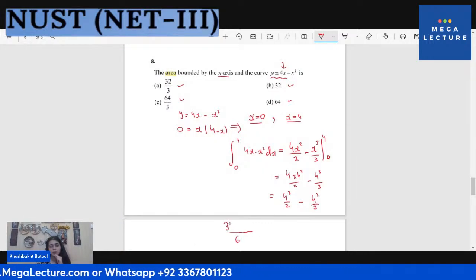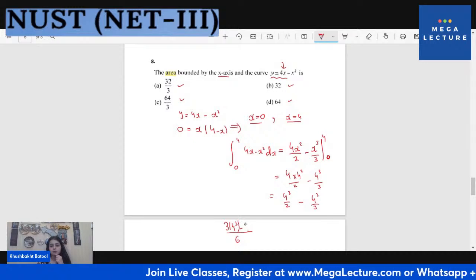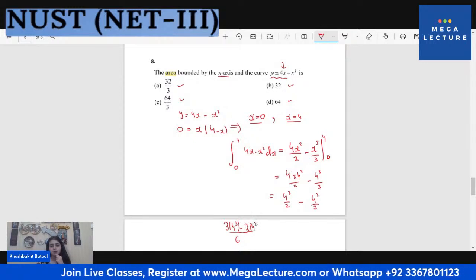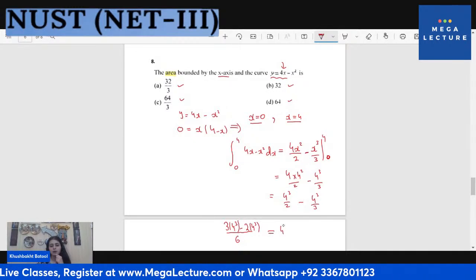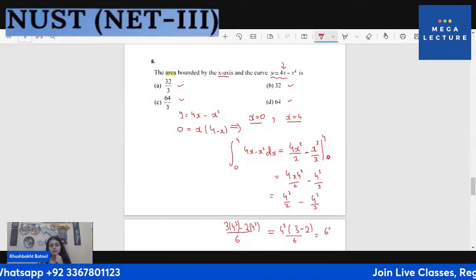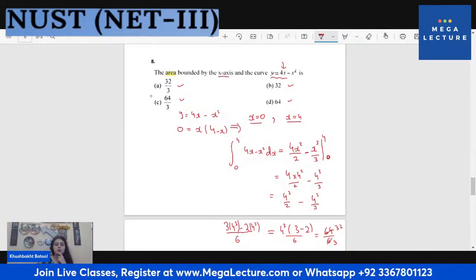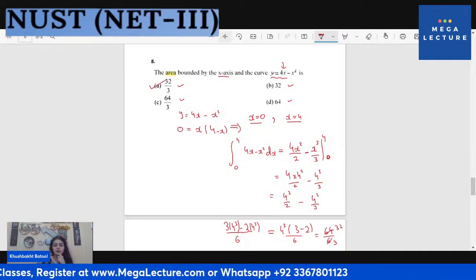So this would become 3 into 4 cubed minus 2 into 4 cubed. I can take 4 cubed common and it would give me 3 minus 2 divided by 6, and it would give me 64 by 6. So it would be 3 times and it would be 32 times. I've divided both sides by 2, so the answer is going to be A in this case, right?